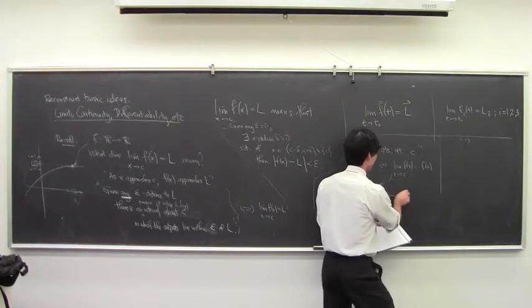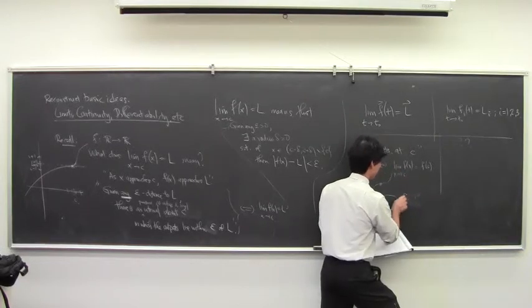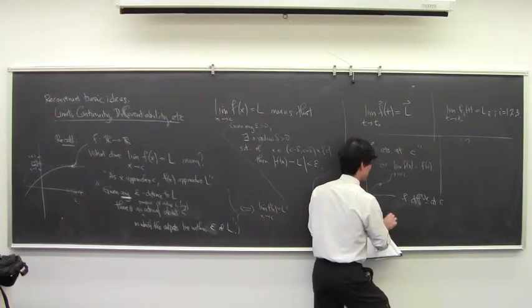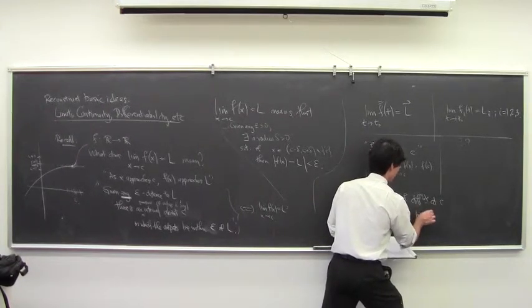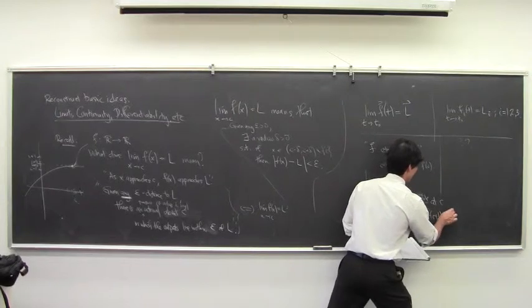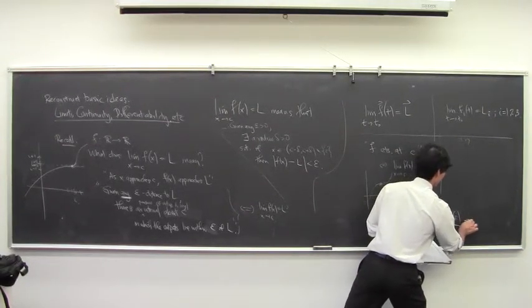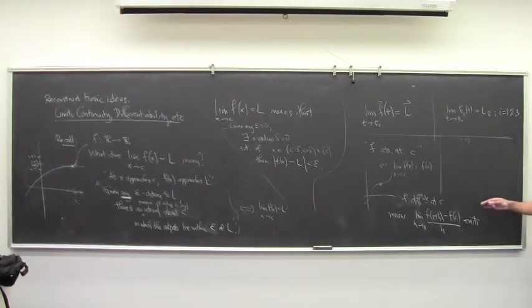We mentioned earlier that f differentiable at c means that the limit of f of c plus h minus f of c over h as h approaches 0 exists. And so we'll need to answer what it means to be differentiable for a vector valued function.